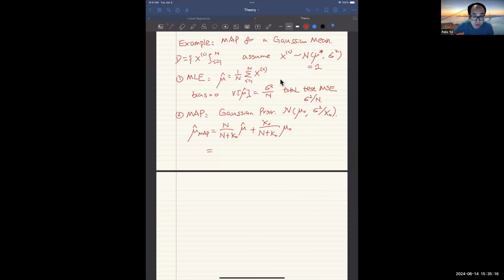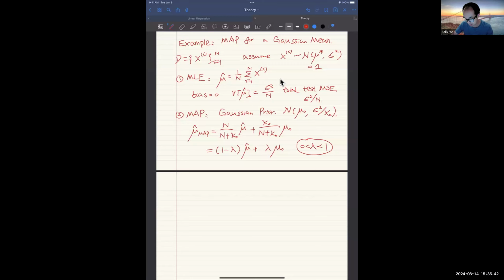So this is equal to 1 minus lambda times mu hat plus lambda times mu 0, and this lambda is between 0 and 1.